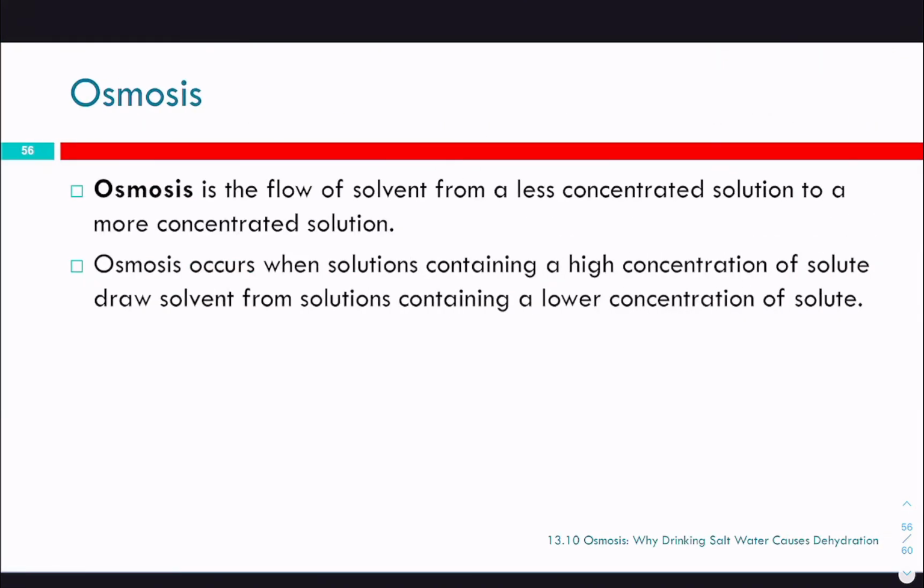All right, the last thing, and we're going to talk about this very briefly, osmosis is the flow of solvent from less concentrated solution to more concentrated solutions. This really controls the flow of fluids in our bodies. So osmosis occurs when solutions containing high concentration draw solvent from solutions containing lower concentration.